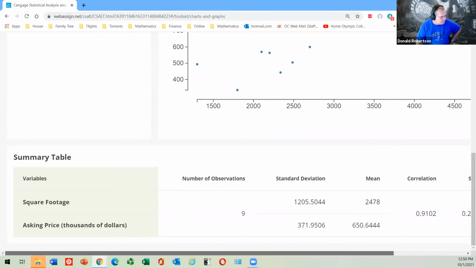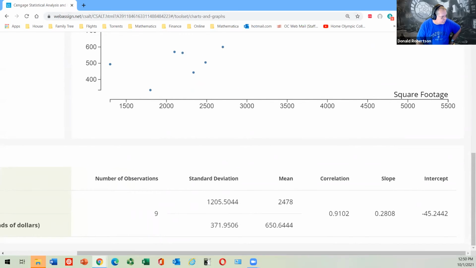Now, down at the bottom, there's a whole load of values, right? Can you see the correlation is 0.9102? You see it? Correlation. So wouldn't that be a pretty strong relationship?